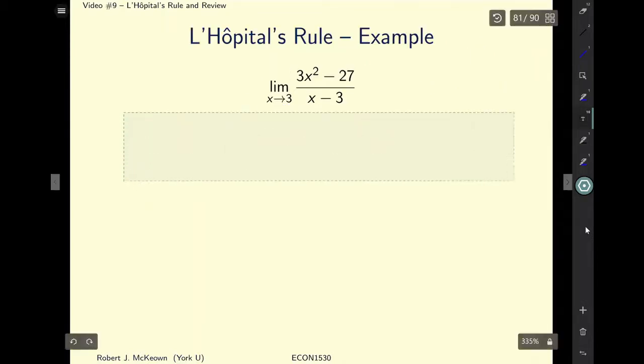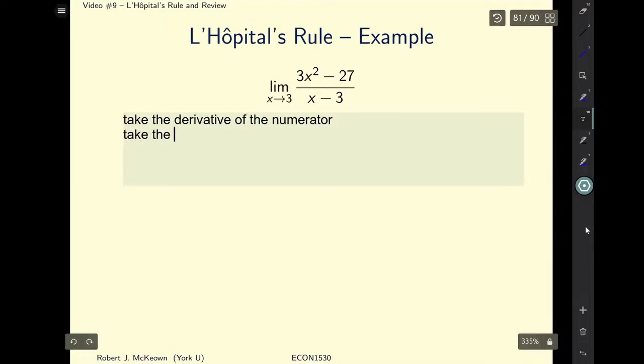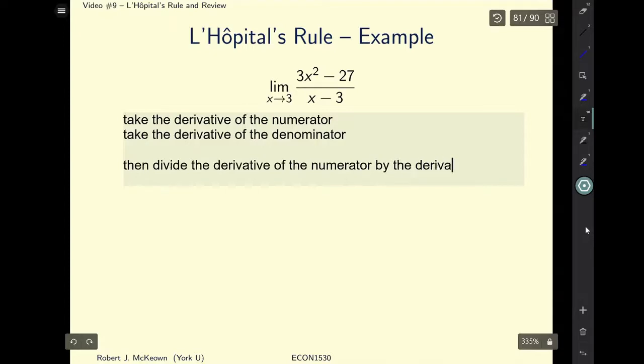Now L'Hopital's rule says this: take the derivative of the numerator, take the derivative of the denominator, then divide the derivative of the numerator by the derivative of the denominator.